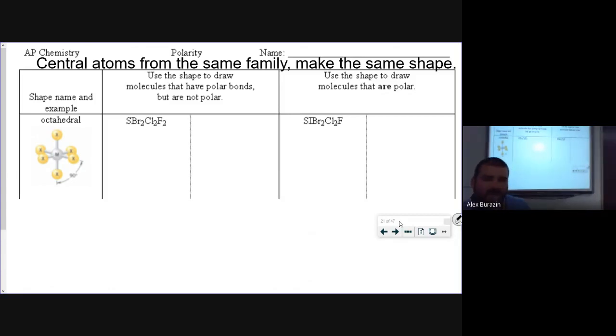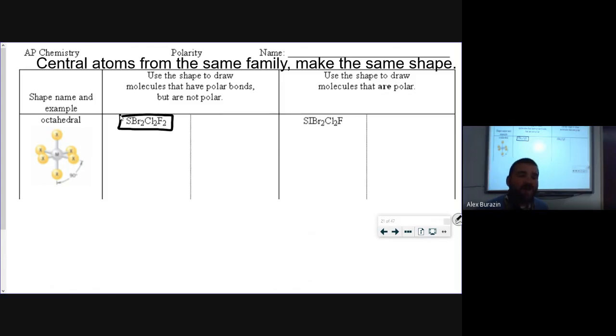So in this first example here, I want us to draw a molecule with this formula. The formula here that I want to work with is SBr2Cl2F2.